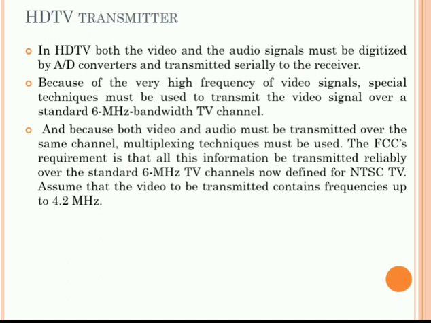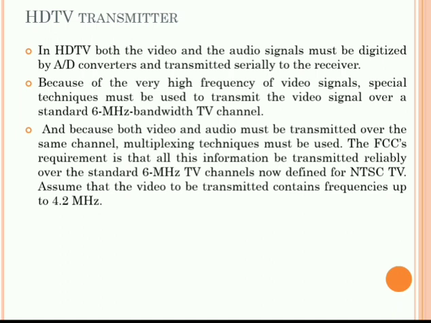Next, because both video and audio must be transmitted over the same channel, the multiplexing technique must be used here. The FCC requirement is that all this information must be transmitted reliably over the standard 6 megahertz television channels, now defined by the NTSC TV.